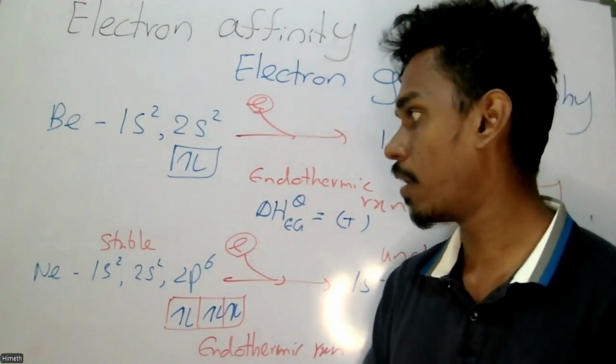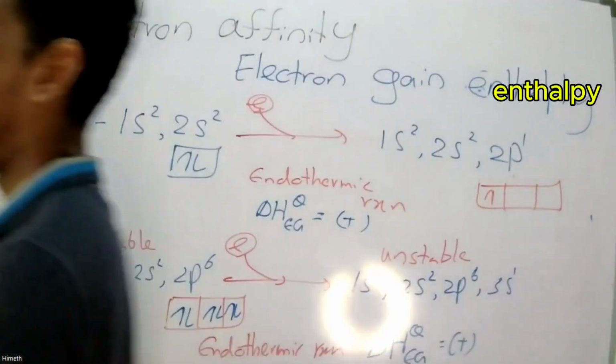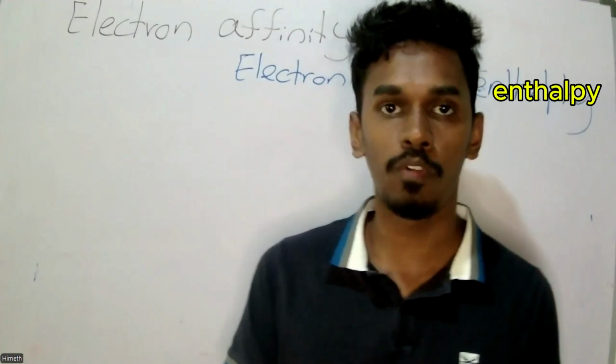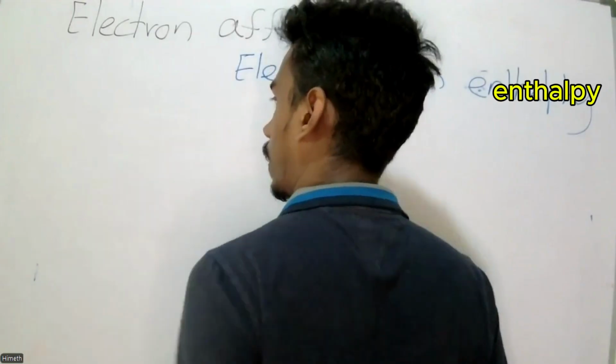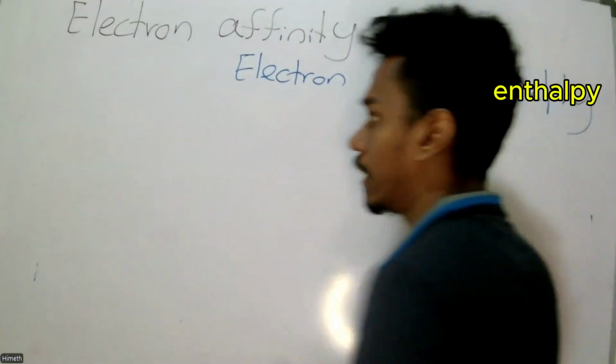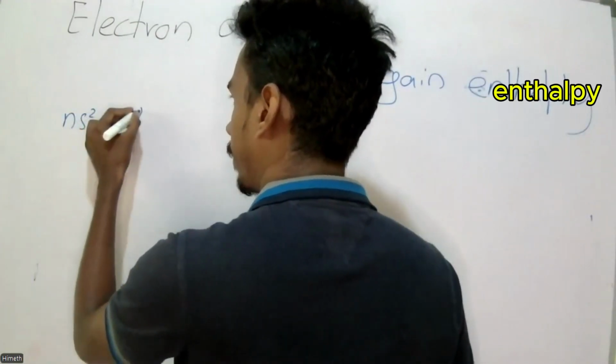Now let's consider the elements of group 5. The elements of group 5 have an electron configuration like this: ns2 np3.